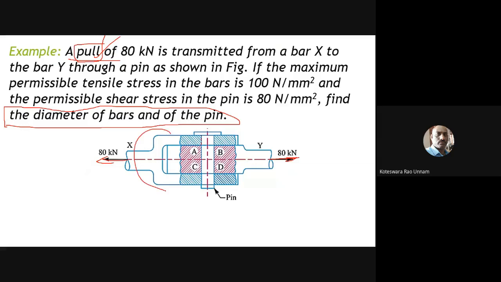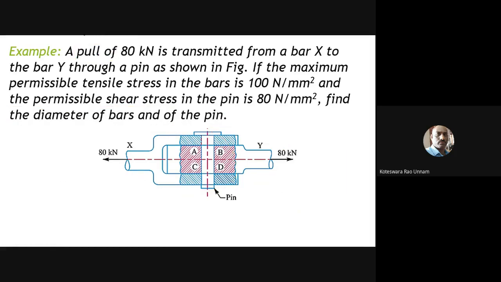This is our body, and the load is directing away from it. Compressive means the load should be directed towards the body, something like this. We call it a pushing load, whereas the given load is a pulling load, moving away from the body.